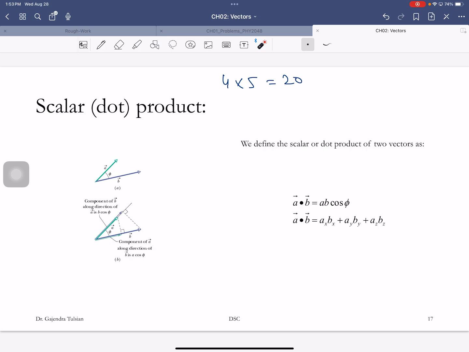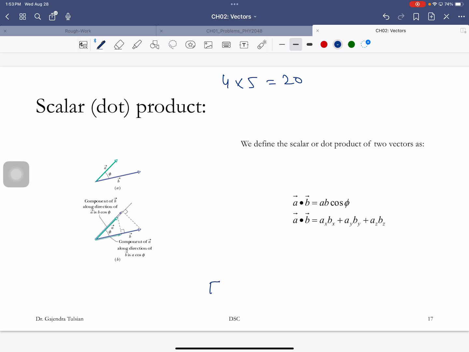Here's the dot product given in terms of components. Both these definitions will be useful. Again, a scalar plus a scalar plus a scalar is a scalar. The reason we are learning this is that when you push something and the object moves, you're doing work on the object.